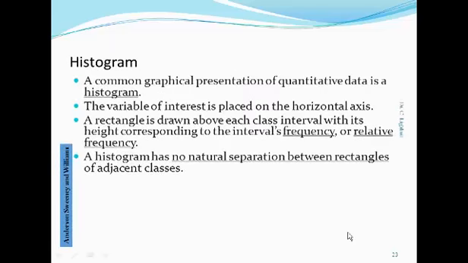A histogram is the name that we give for bar graphs that represent quantitative data. Two major differences between a bar graph and a histogram is, number one, there should be no natural separations between your classes or the rectangles that represent each class.